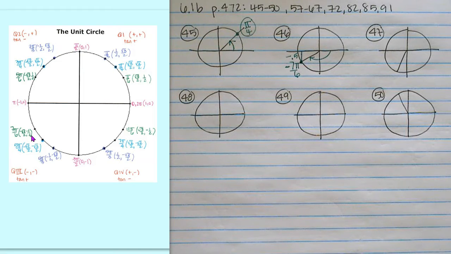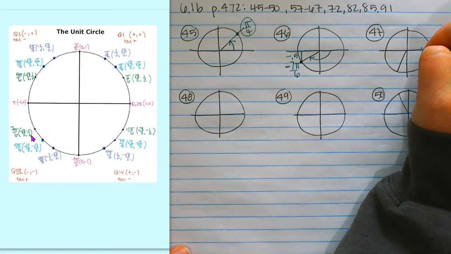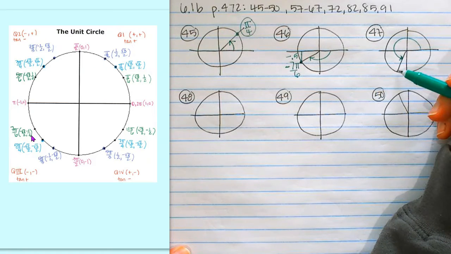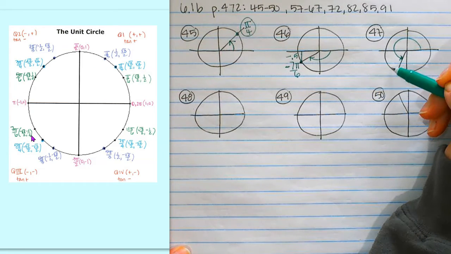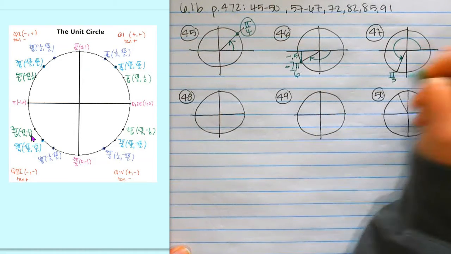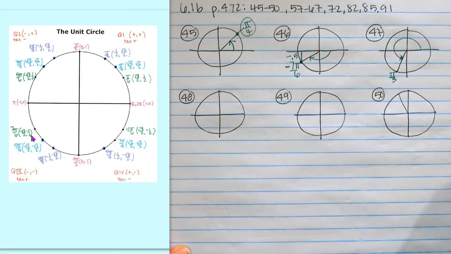For 47, we're going up, and we're going all the way around to this one. This is not in the middle. This is not a pi over 4 position. It's either going to be a pi over 6 or a pi over 3. And this one I know is a pi over 3 because I'm really good with my unit circle.